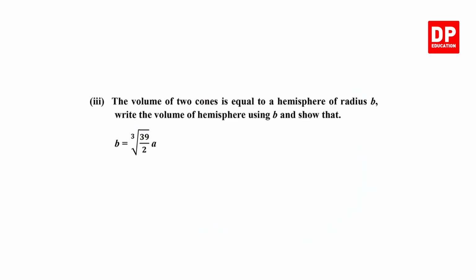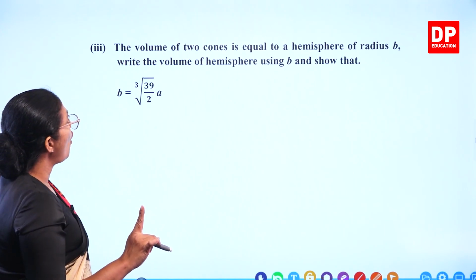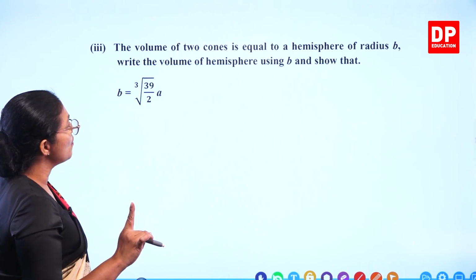Part 3. The volume of 2 cones is equal to a hemisphere of radius B. Write the volume of hemisphere using B and show that B equals cube root of 39 over 2 square root cube root into A. Now we found out the total volume is 13 pi A cube.